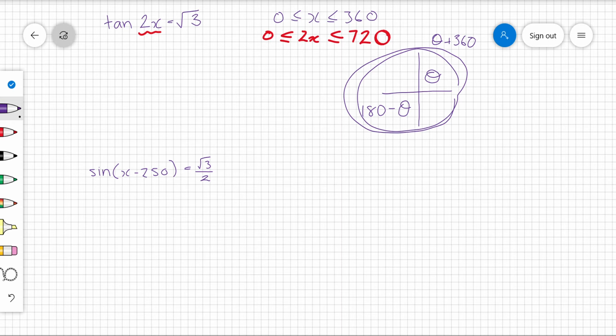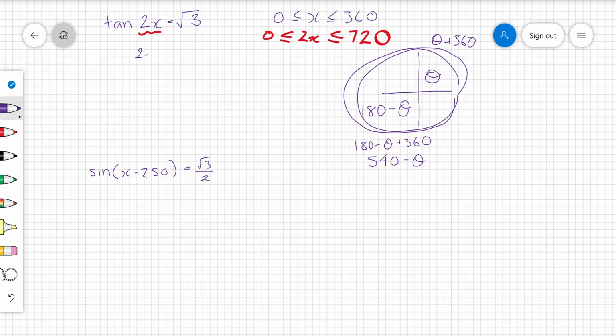I'm also going to get 180 minus theta plus 360 as well. If you want to, you could always change that to 540 minus theta. So looks like we're going to get 4 answers here. Then you just go ahead and solve as you normally would.